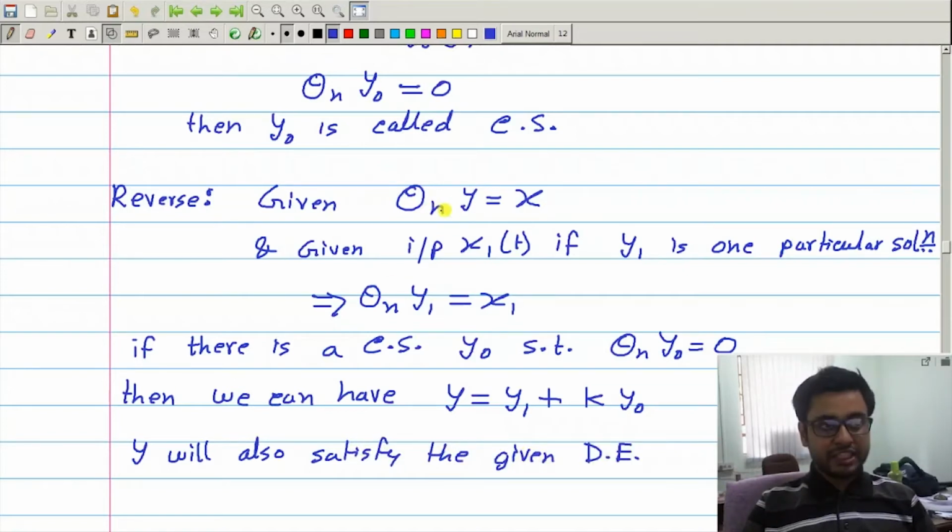That means this equation, call it equation 3.